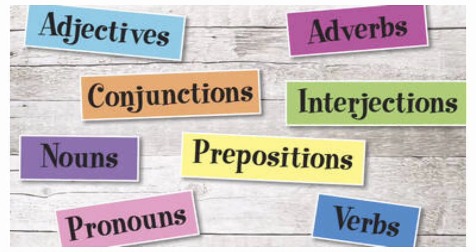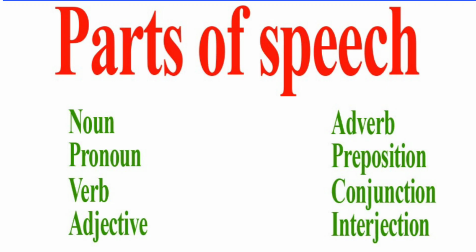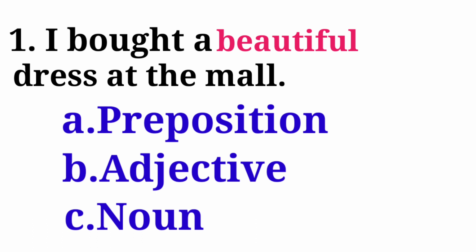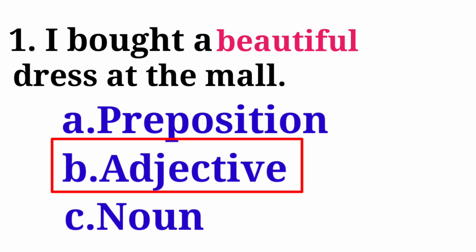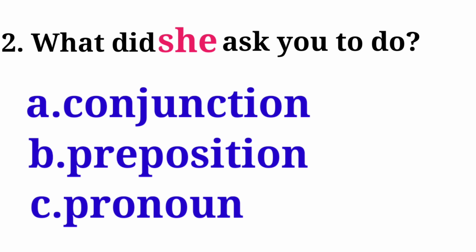Having learned these parts of speech, let us try to recognize them in a sentence. Here are some examples of sentences made with different parts of speech. Number 1, I bought a beautiful dress at the mall. Preposition, adjective, noun. Number 2, what did she ask to do?